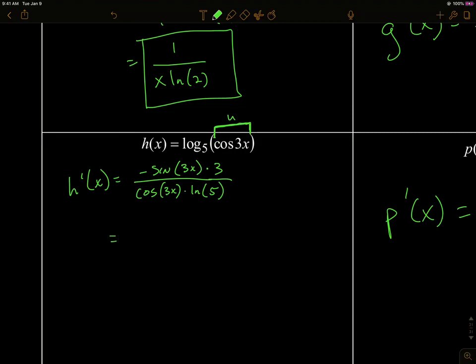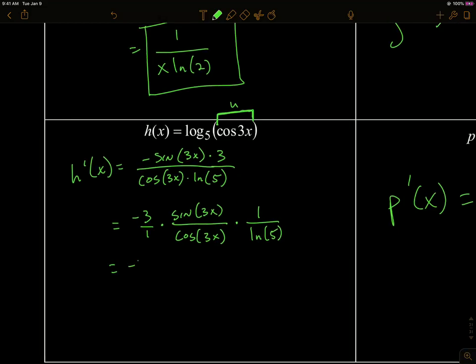Now if I want to simplify here, I can think of this as negative 3 over 1 times, you don't have to write all this out, but I like to show it the first couple times so we can see how I organize it in my brain. I could really call that negative 3 times the tangent of 3x times 1 over the natural log of 5.